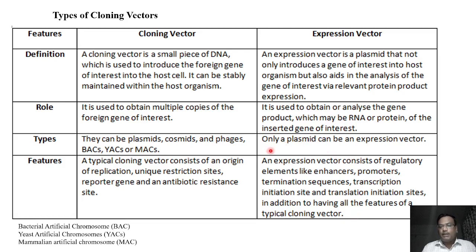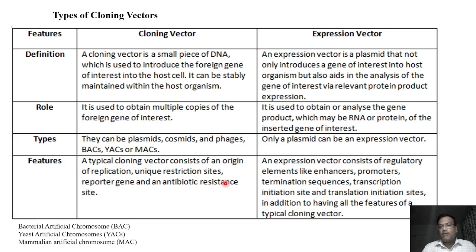Because here the gene is necessary to produce its product, not only the gene, along with the gene we have to insert the cassette. We call it a cassette. That means the sequences which are necessary for the expression of that particular gene. So try to understand the difference. In a cloning vector, we are going to introduce only the gene, so that gene gets multiplied.